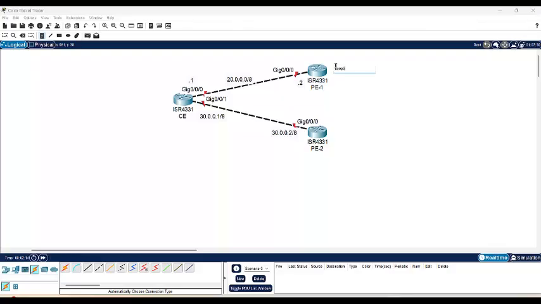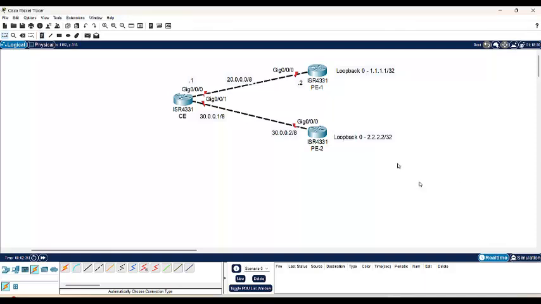Loopback 0, I'll give 1.1.1.1/32. Loopback 0, 2.2.2.2. Try understanding what I'm saying.